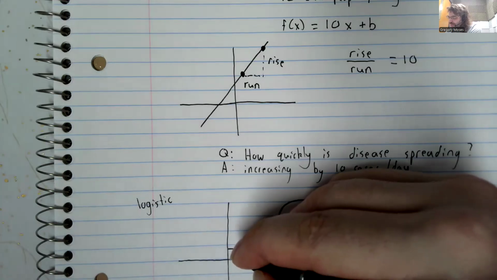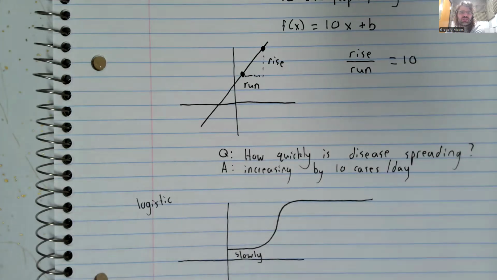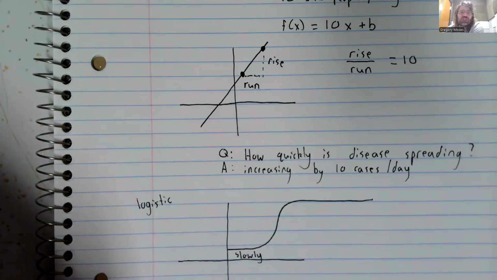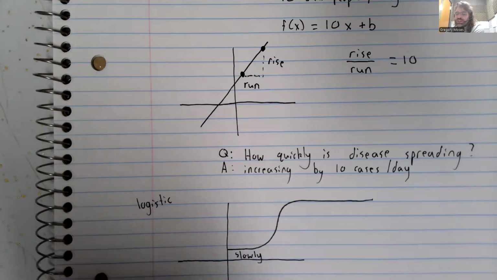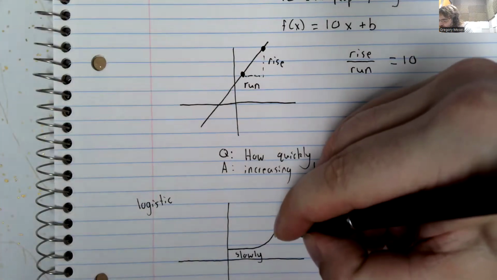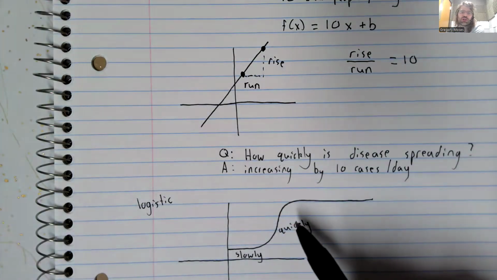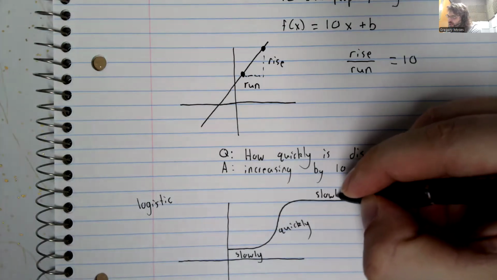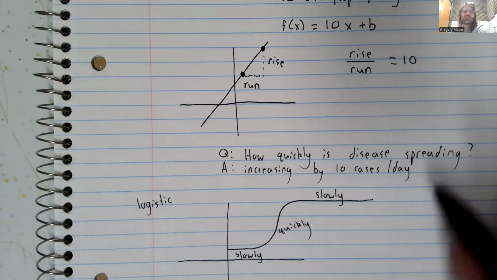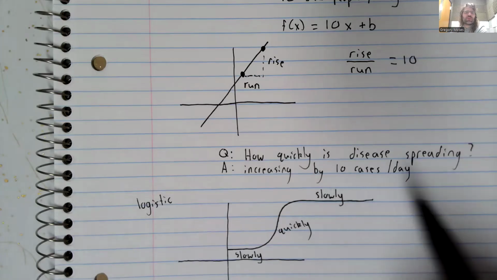What seems to be happening is that the disease is spreading slowly at first. If it's contagious, there aren't a lot of sick people, so there aren't a lot of people to spread the disease. Then it starts to grow quickly, and then it levels off as the outbreak ends and people stop becoming sick.